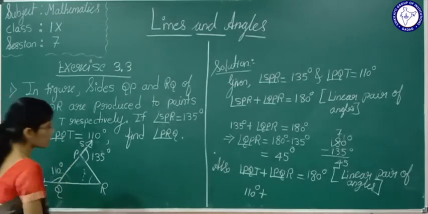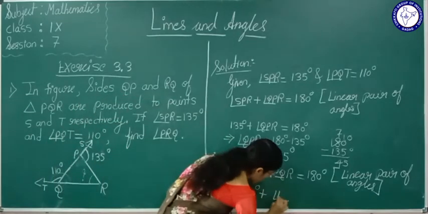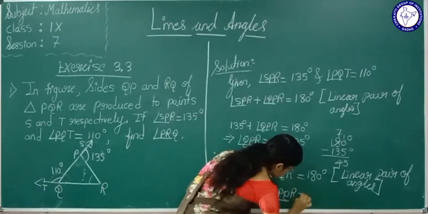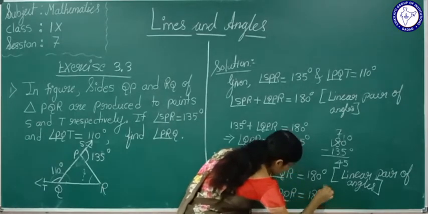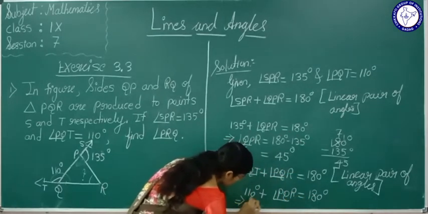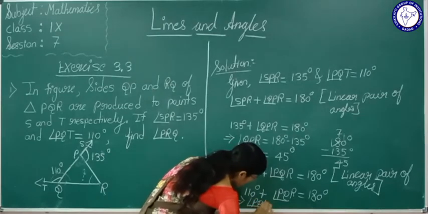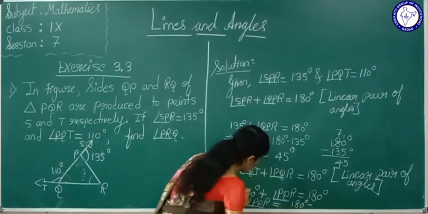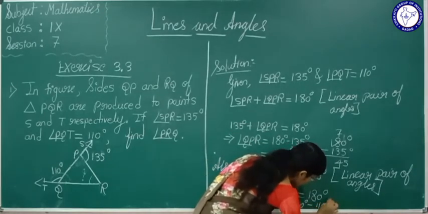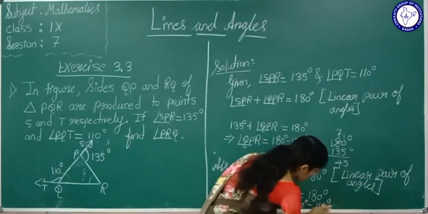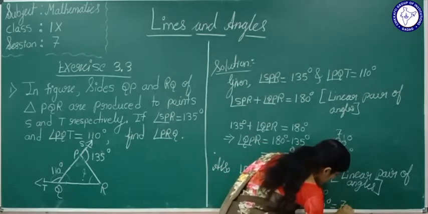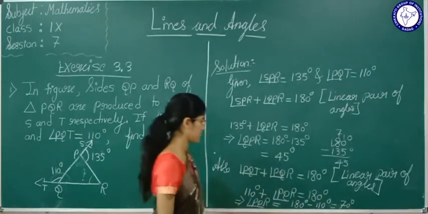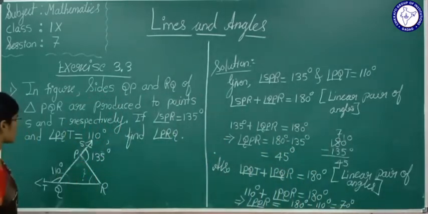We want to know what is angle PQR only, is equal to 180 degree. So this implies angle PQR is equal to 180 degree minus 110 degree. What is 180 degree minus 110 degree? It will be 70 degree.